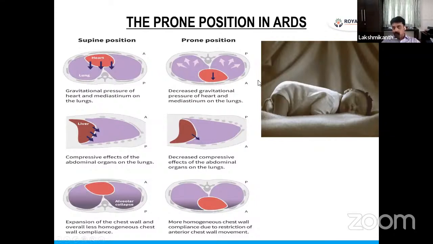So what happens in prone position? The heart goes down, and the pressure from the weight of the heart is relieved. The pressure of the diaphragm and the abdominal organs, the abdominal pressure, to a certain extent comes down, and the chest wall compliance becomes more homogeneous. The posterior part comes up, and that part of the chest wall is free of any pressure, and it can move better and cause more ventilation of the affected part.